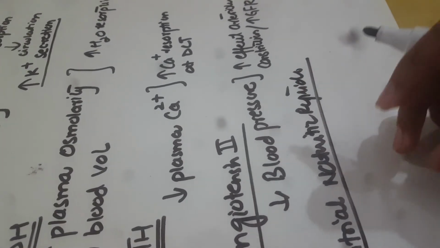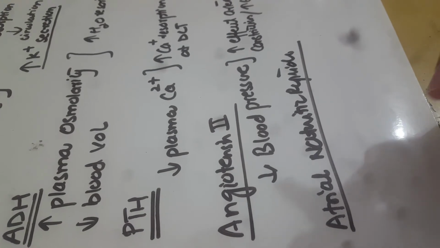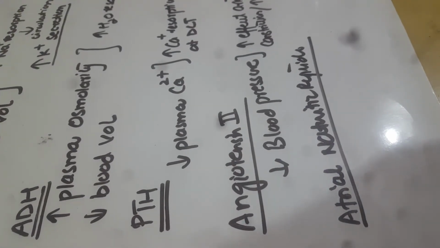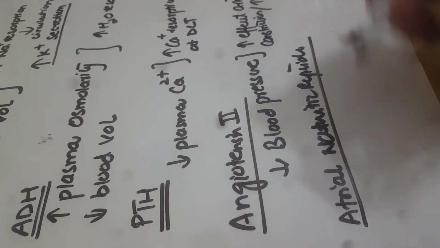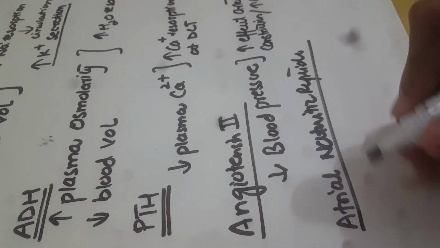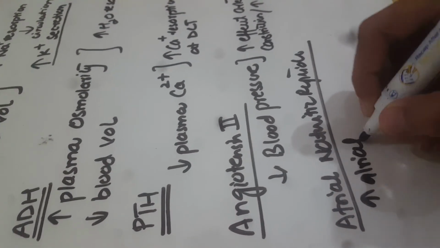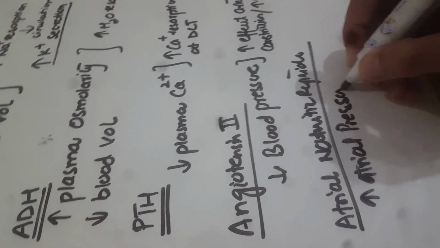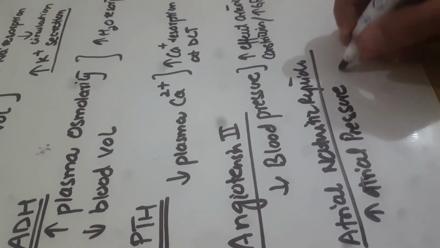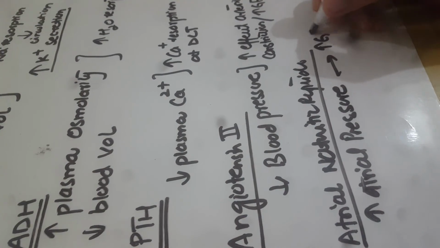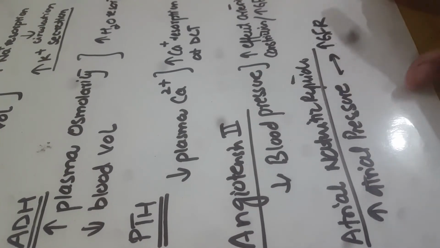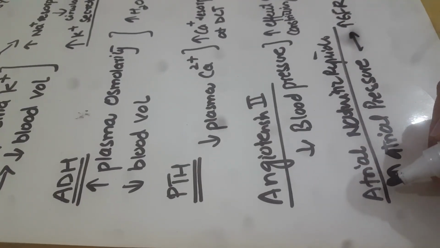When there is an increased blood pressure in the right atrium, the right atrium stretches above its normal condition, and it sends signals to the kidney to increase GFR, and by this the pressure is maintained. It is a secondary response to increased atrial pressure. The right atrium secretes this and causes the kidney to increase glomerular filtration rate to maintain the blood pressure in our body. It is secreted from the heart.